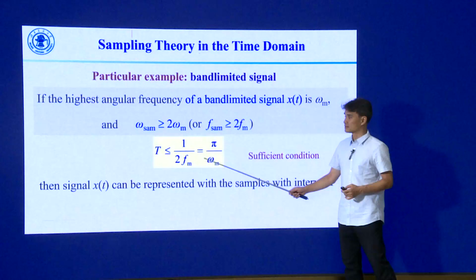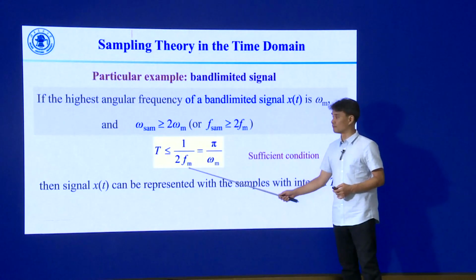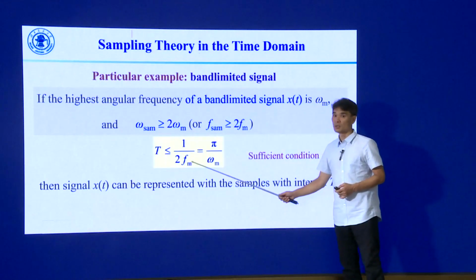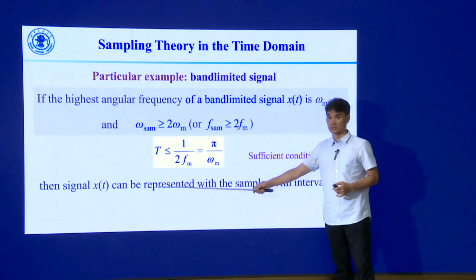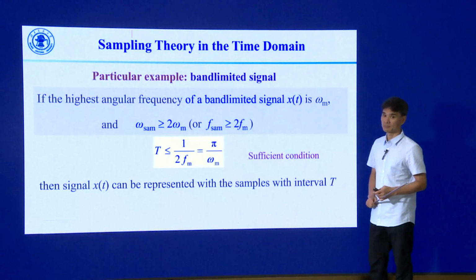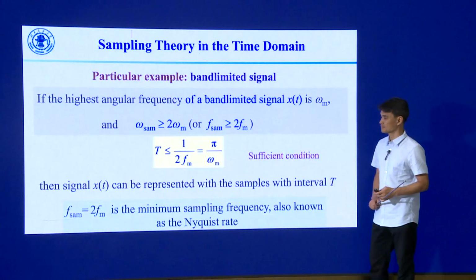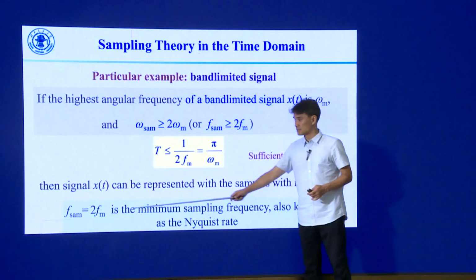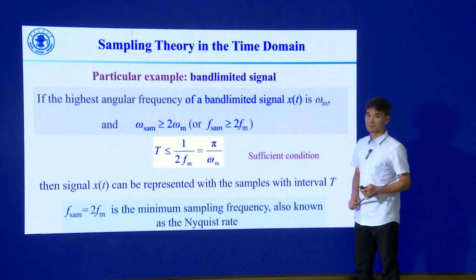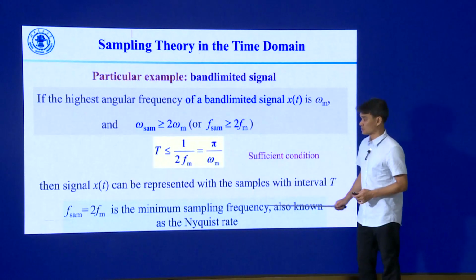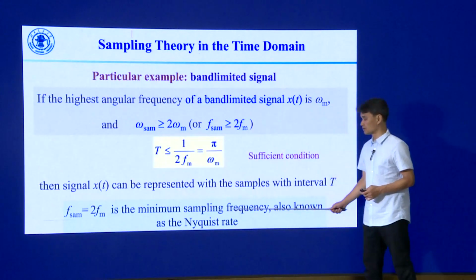But even if in some situations we violate this criterion, we may also have a chance to recover the original signal without any loss. And this specific frequency, 2 times the maximum frequency, is the minimum sampling frequency.